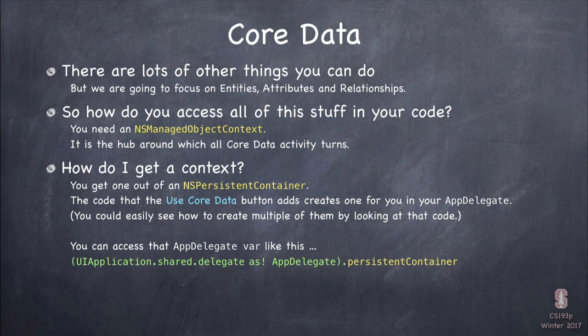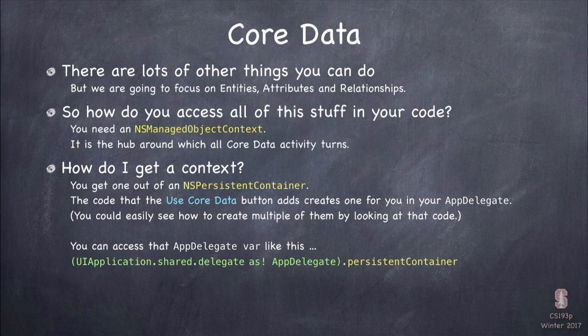Okay? Now, its delegate is automatically set up for you to be this Swift class AppDelegate that you see we always put off in supporting files and get it out of our way, but it's created for you. It's a nice little class. We're going to talk about the application lifecycle and where it fits in a little bit, but for now, all you need to know is you're going to get that delegate, and you want to send persistentContainer to it to get that var, but of course you have to cast it to be the AppDelegate class first.